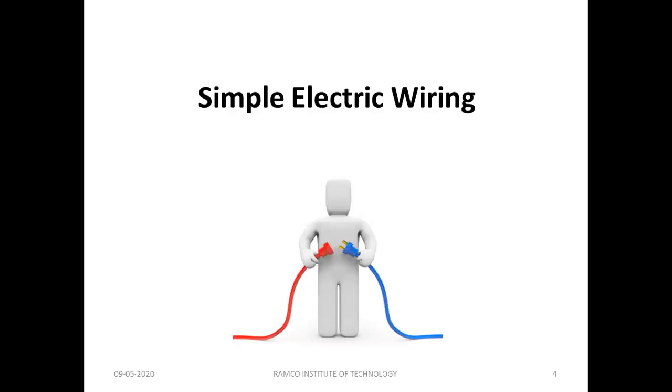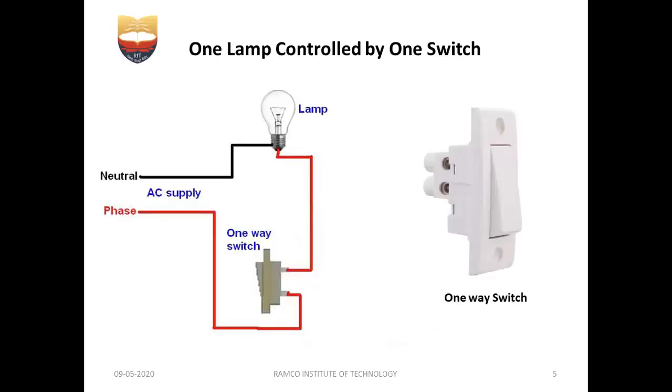One terminal is called phase, and another terminal is called neutral. In some loads, we have one more additional terminal called earth. I'm not going to talk much about the earth terminal. For beginners, if you are able to do the connection with phase and neutral, it is enough. The earth terminal is necessary from a safety aspect, which we will see later.